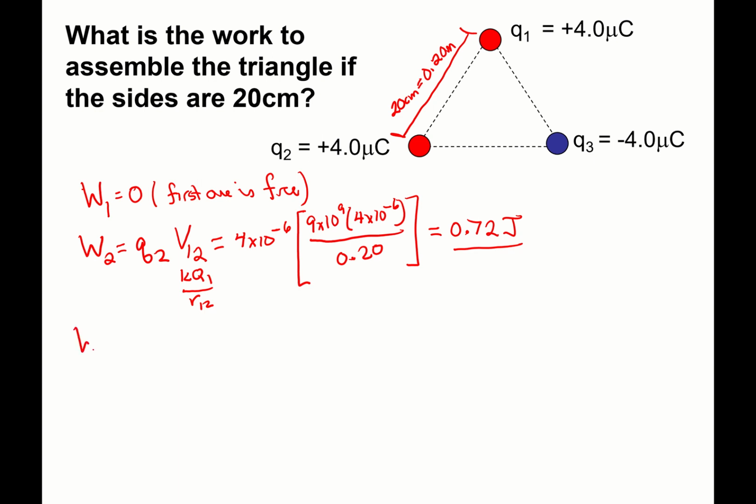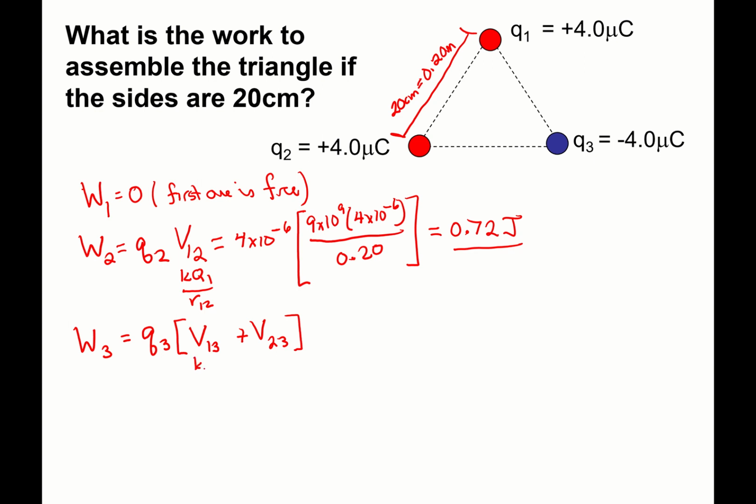Okay, so now let's bring in the third charge. So the third charge, the work done is the charge that I'm moving, Q3, times the potential that's already there. Now I've got 2 charges already there, so I need to worry about the potential between charge 1 and charge 3, and I need to worry about the potential between charge 2 and charge 3.